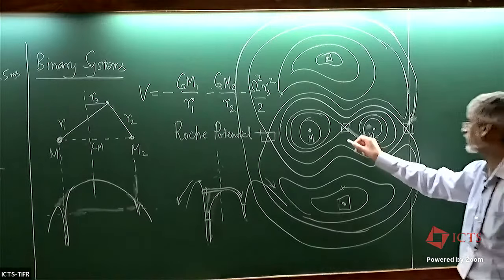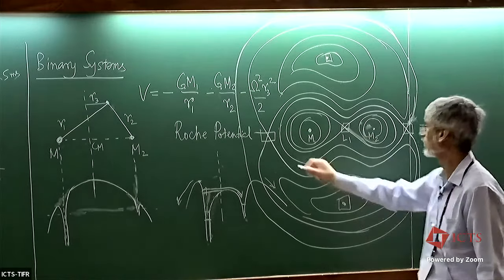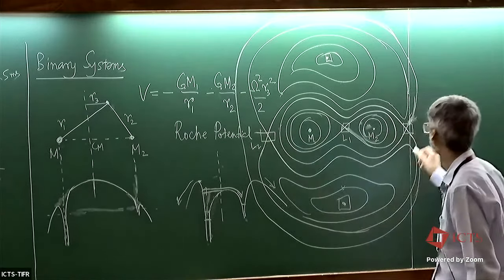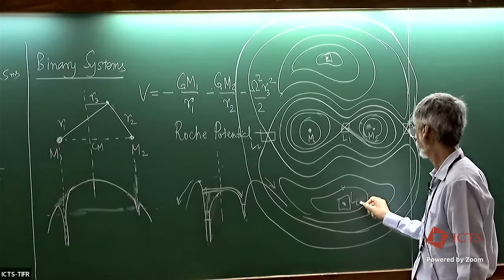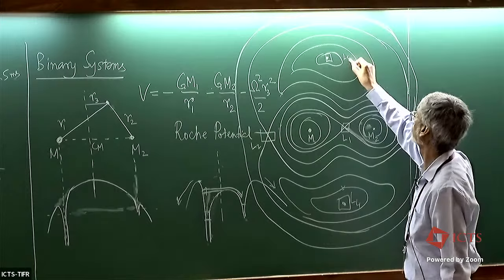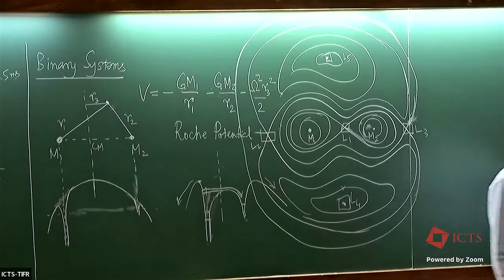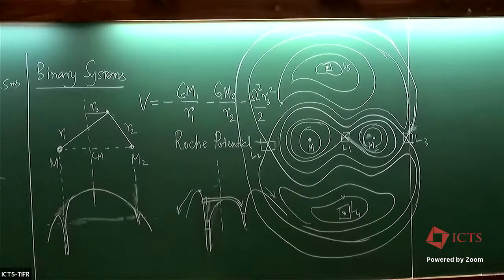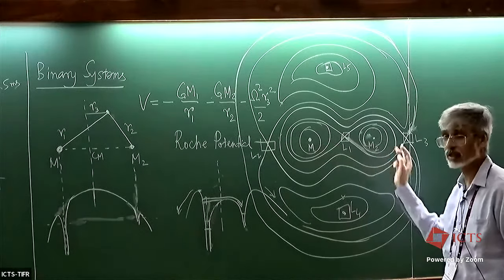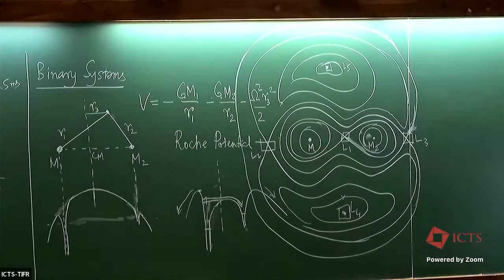So this is Lagrangian point L1, L2, L3, L4, L5. So of these Lagrangian points, L1, L2, and L3 are critical in determining how the binary system evolves with time.